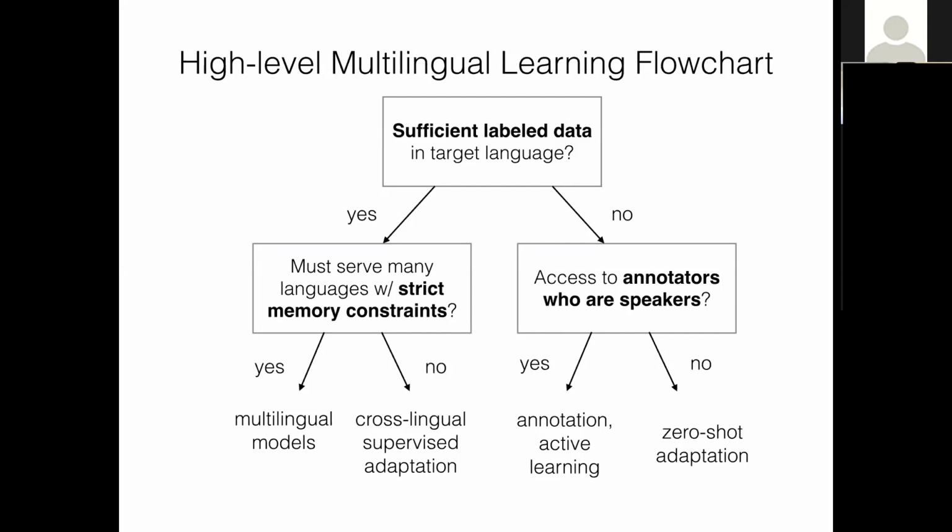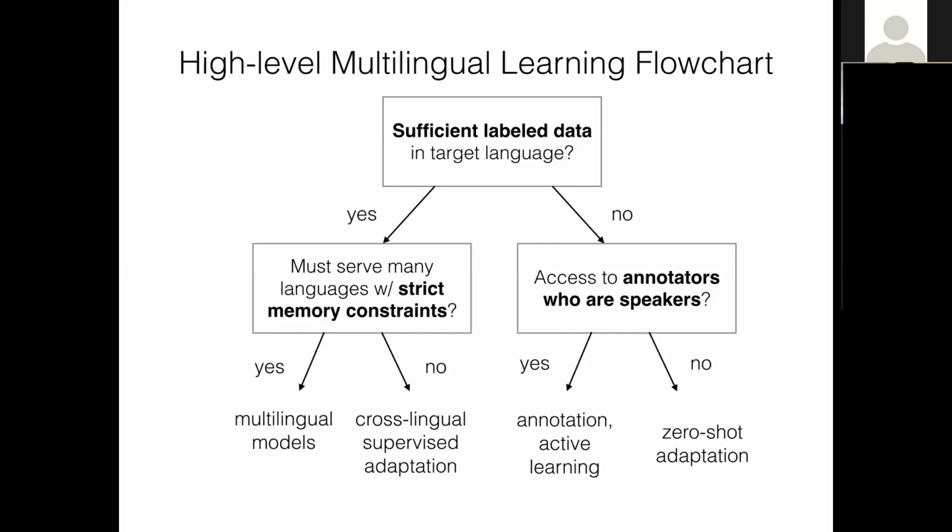If that is the case, it would be best to train a single multilingual model for all the languages. But if we don't have strict memory constraints, then we can use a cross-lingual supervised adaptation technique, where for a given target language we train on a single high resource language or a group of related languages.